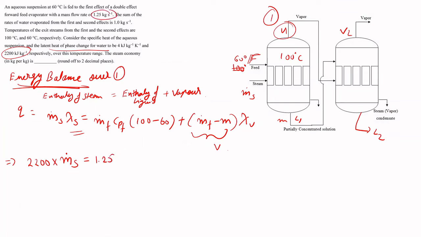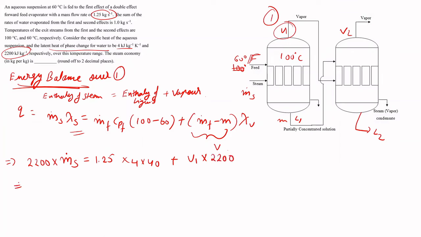It is over here. Similarly, the specific heat of aqueous suspension is 4, into 40, plus. Now the amount of vapor generated is V1, so this is V1 into lambda V, which is again 2200.